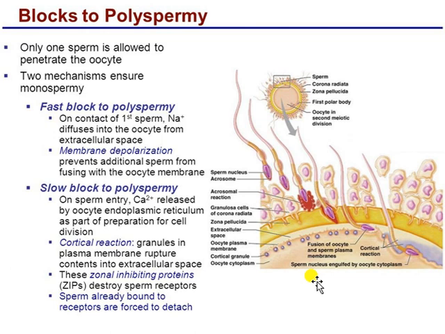At that time only one sperm will be accepted by the ovum, and other sperms will not be accepted. So for removing those sperms, the ovum follows a few mechanisms, and those mechanisms are collectively responsible for blocking the entry of the other sperms, and that is known as block of polyspermy.